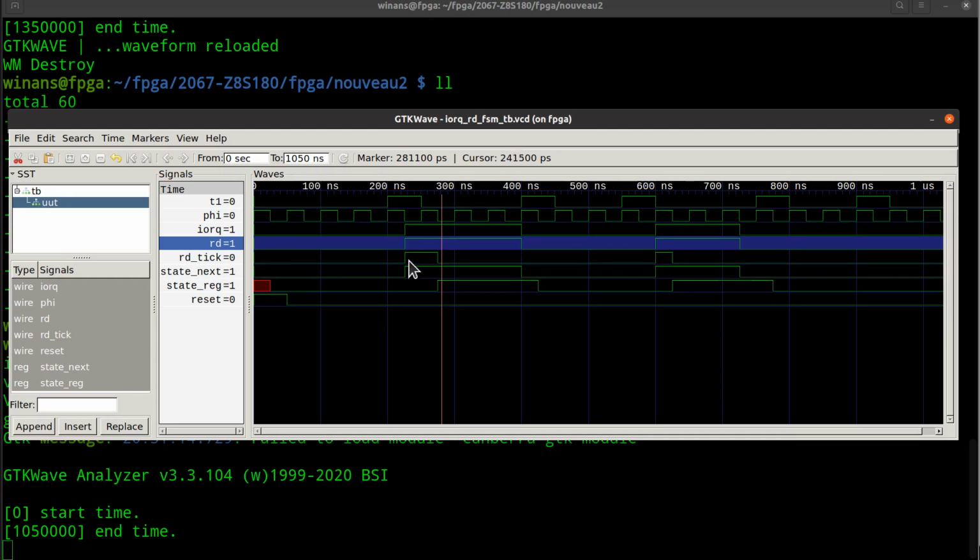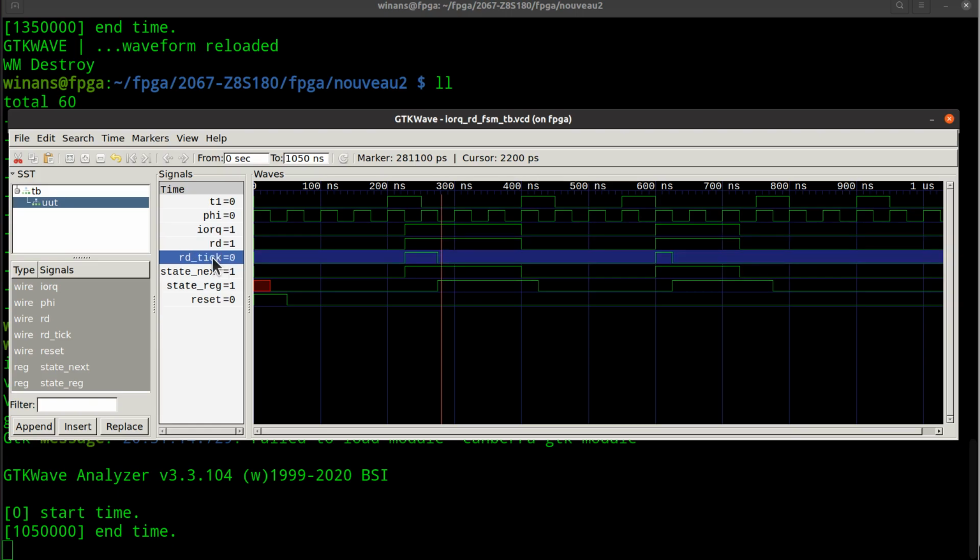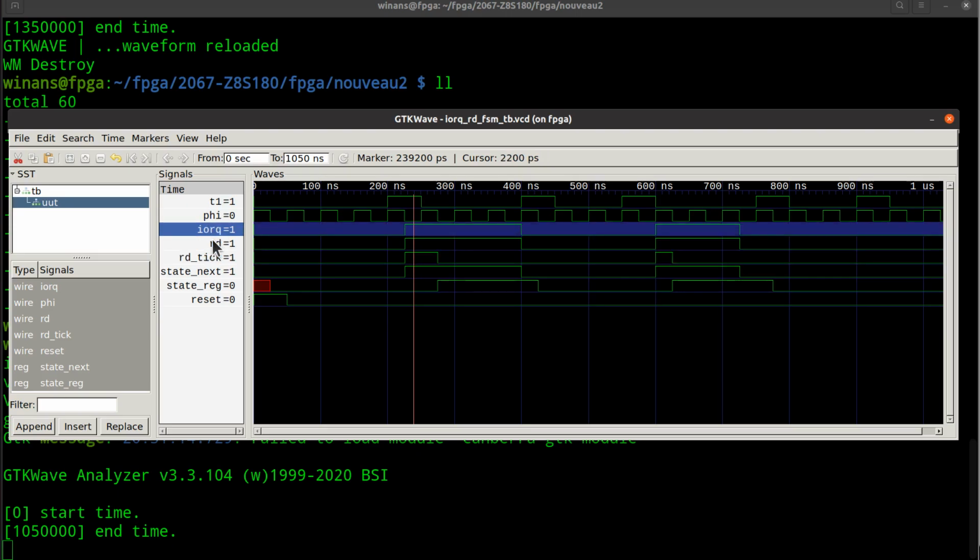The 2 scenarios. Now, the read tick is not fully synchronous because read tick goes through when I'm in state 0, and here's the current state down here. It's 0, like I said, all the time, unless it has been ticked. And my IO rec ended with read here is true.